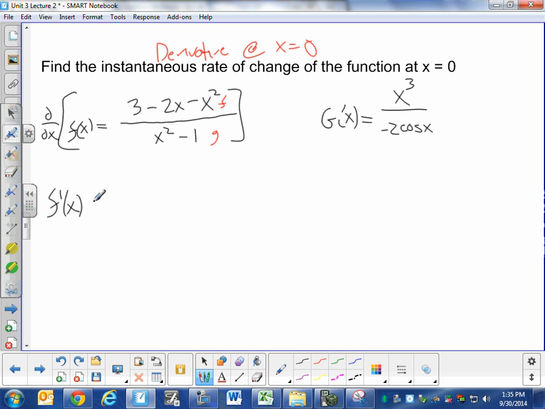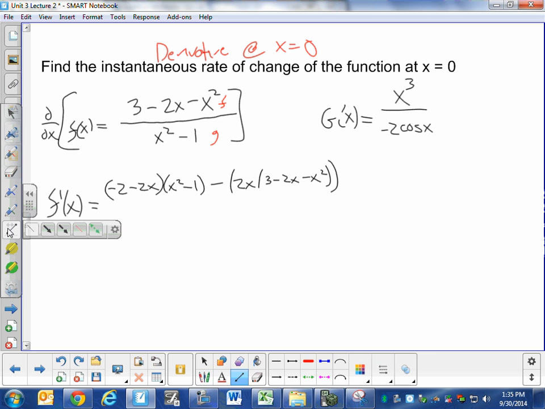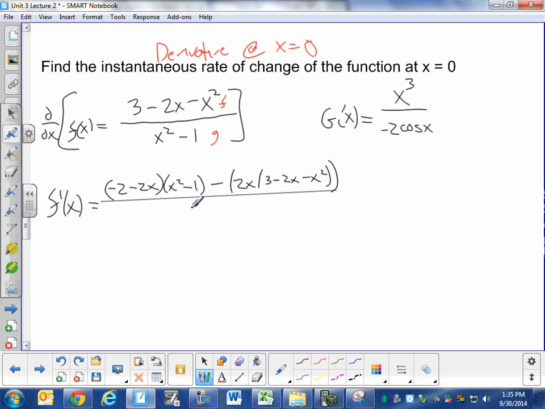So let's do it. f prime would be equal to the derivative of the top, which would be negative 2 minus 2x, times the bottom, minus the derivative of the bottom, which would be 2x, times the top. I'll keep this all in parentheses so I know I'm subtracting everything. And that's all being divided by the bottom squared. Now, this looks like a mess. This is crazy.